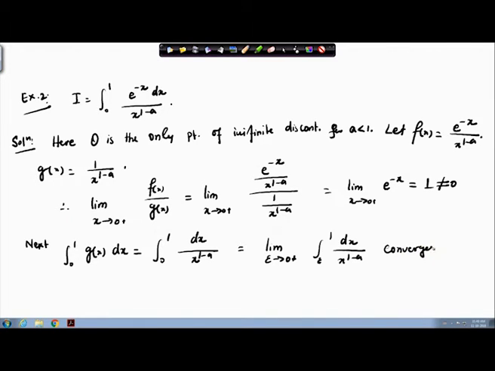It is very straightforward to see that this integral converges if 1 minus a is less than 1. So, that means a is greater than 0, am I right? So, a goes on that side, so a is greater than 0.